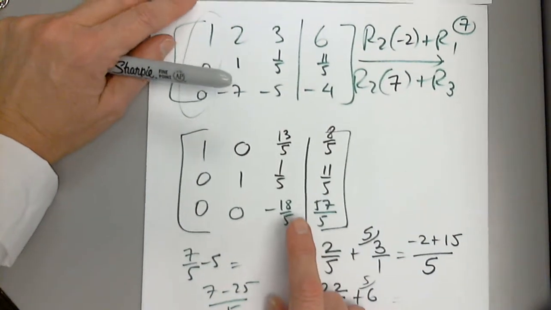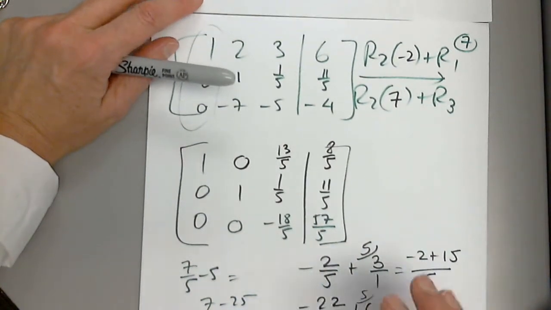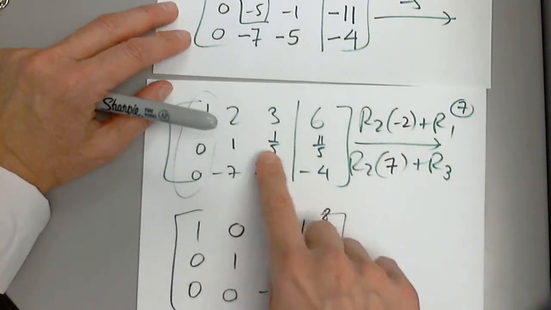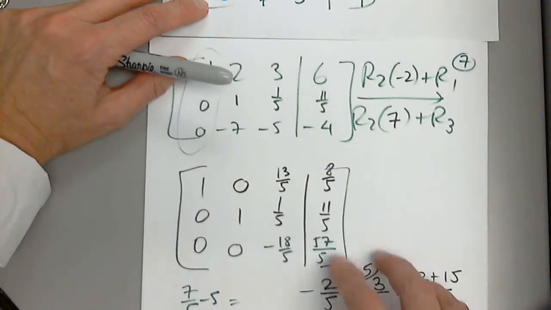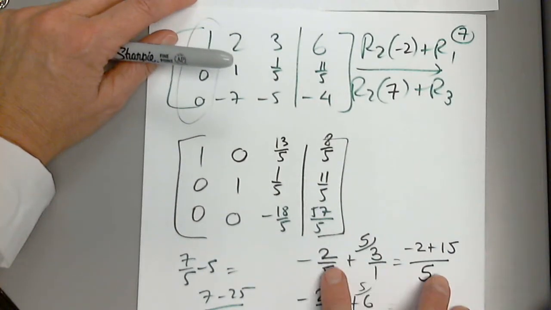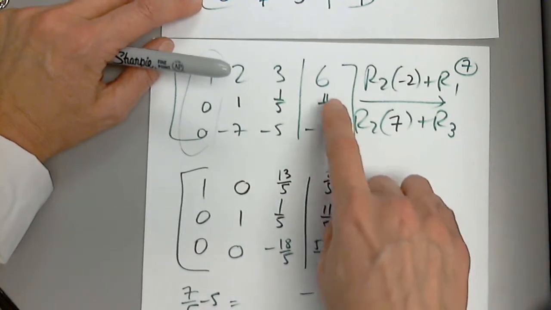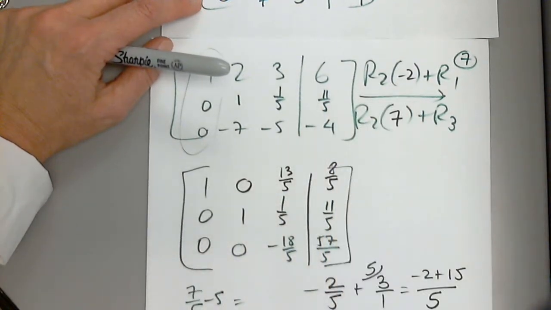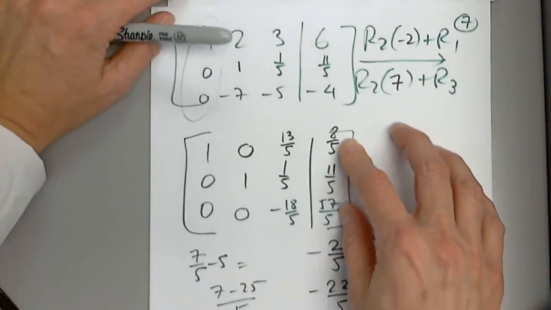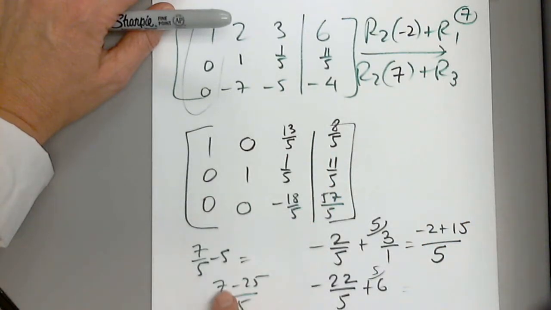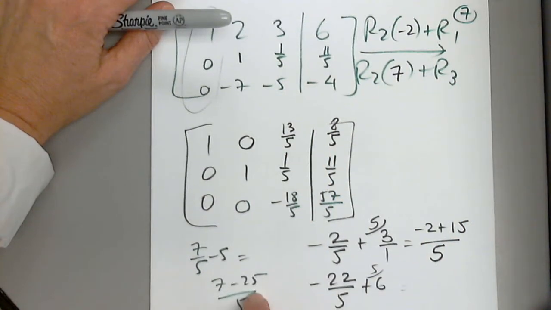Should I check my numbers? Did you follow with me or not? So this was negative 2/5 plus 3. 15 minus 2, 13/5, correct? Negative 22 plus 6, that's 8/5, that's correct. Negative 7, and this is 7 minus 25. Is negative 25 plus 7 negative 18? Yeah.